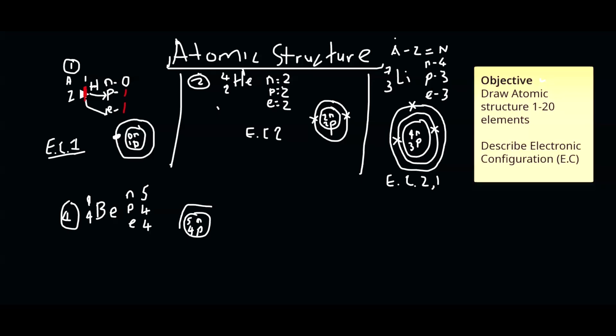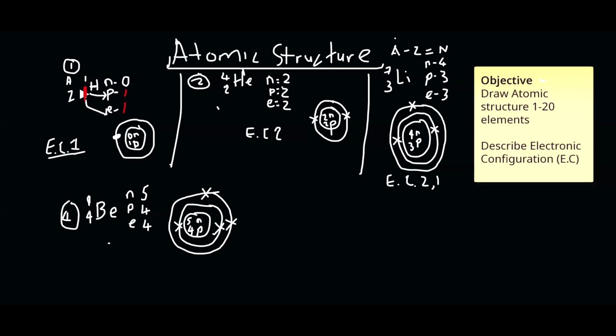So it's again the first shell can hold 2, right? The second shell can hold 8, right? But remember that beryllium has 4 electrons. So that therefore means when we write all electrons on the structure, it should be equal to the amount of electrons. 2 on the first shell and 2 on the second shell. So the EC would be what?